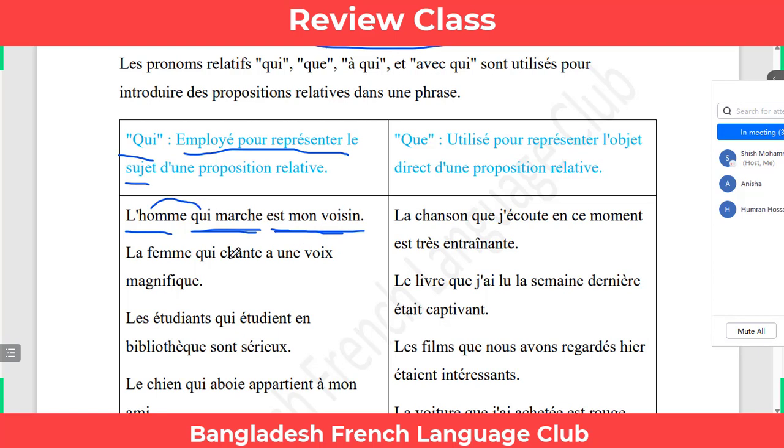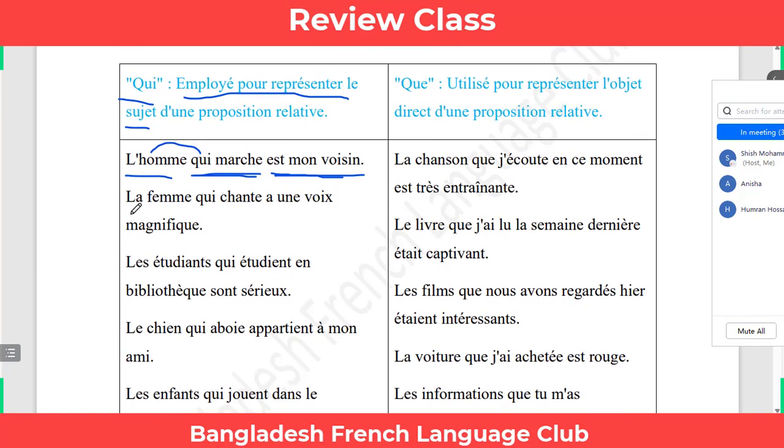So the relative pronoun normally takes the place just after the subject that it is representing, but in some cases it might be a little far from the subject. But in this case you can see just after the subject the relative pronoun is placed. Okay, so l'homme qui marche, in English we say the man who walks, or who is walking.